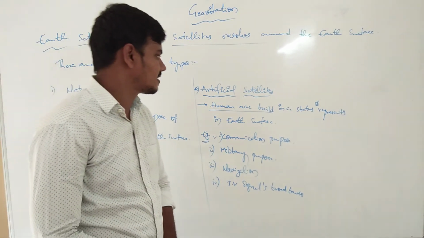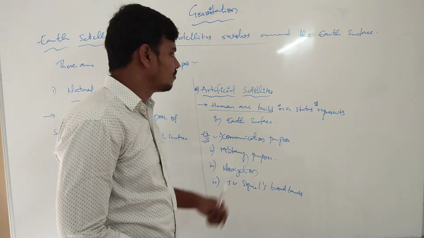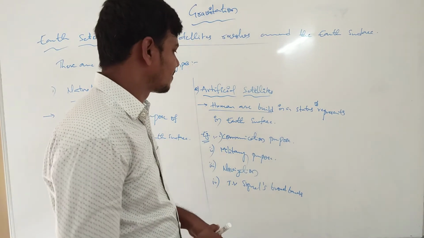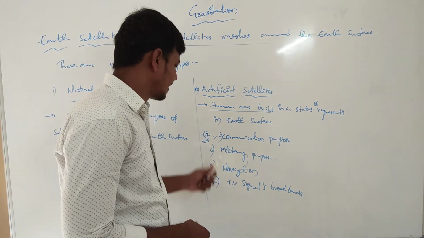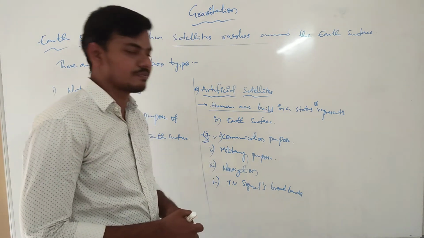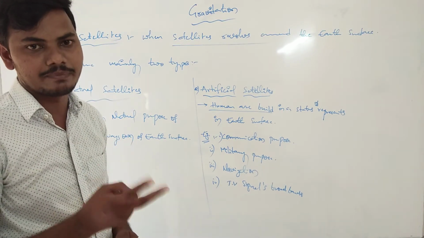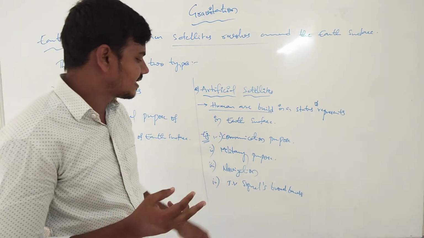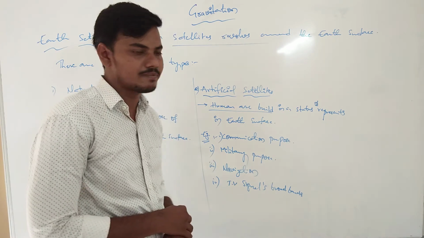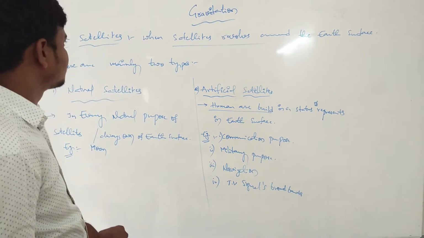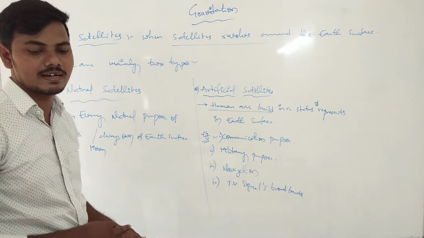Artificial satellites are built by humans and placed in orbit around the Earth. Examples are communication, military, navigation, and TV signals and broadband. These are all Earth satellites.